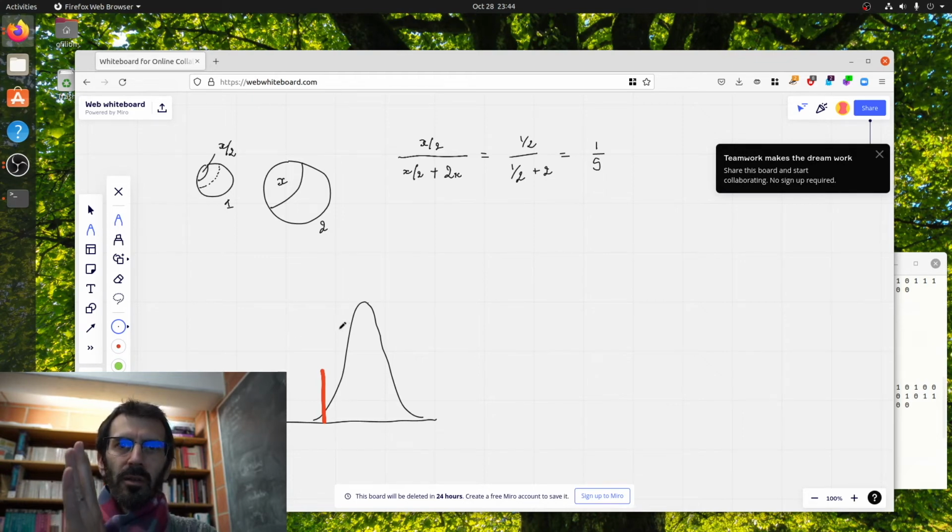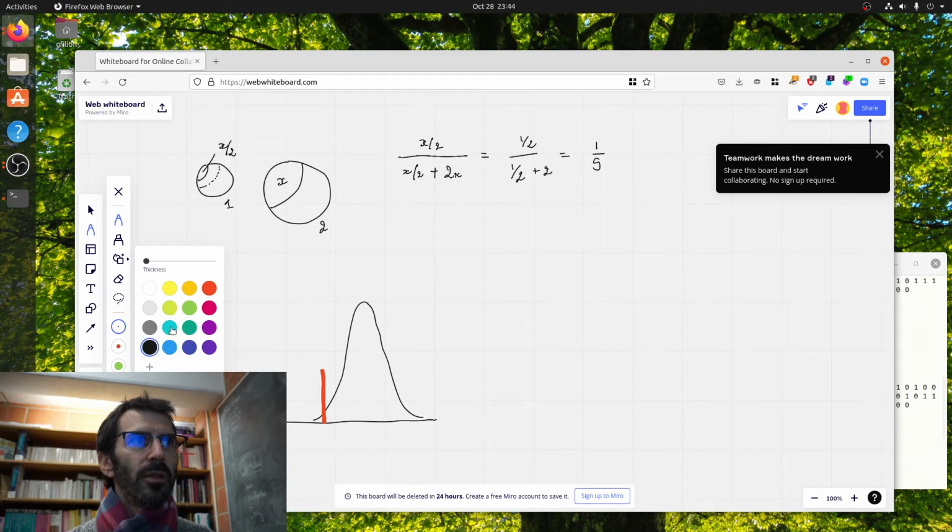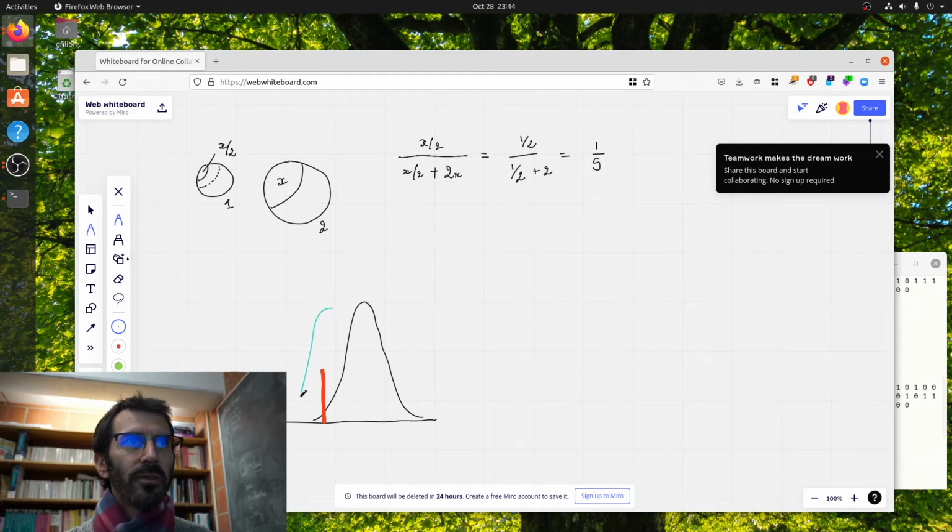And remember, the efficiency of 50% shifts the null distribution to the left. I'm going to change color, actually, put it in blue like that. So once we have made the new assumption here, the distribution looks something like that.